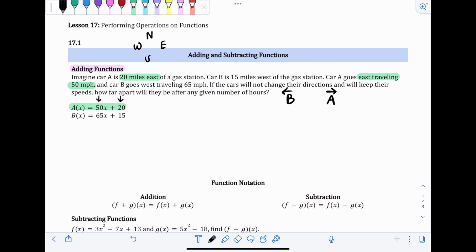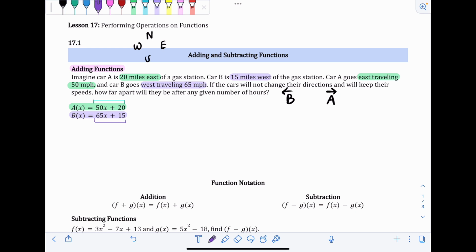And then for car B, it's b of x equals 65x plus 15, because it is starting off 15 miles west of the gas station, so just on the other side of the gas station, and it's traveling west at 65 miles per hour. So each of these functions represents each individual car's distance away from the gas station. Car A is to the east, and then car B is to the west.